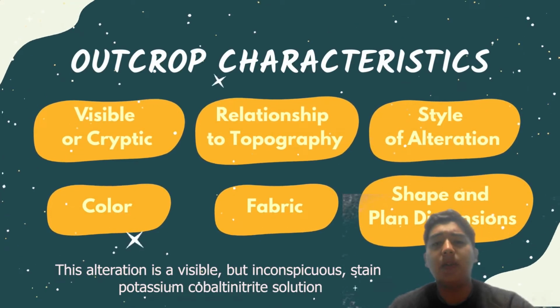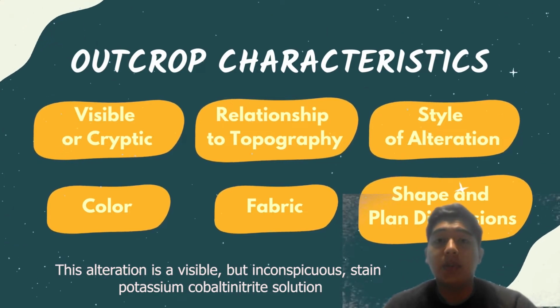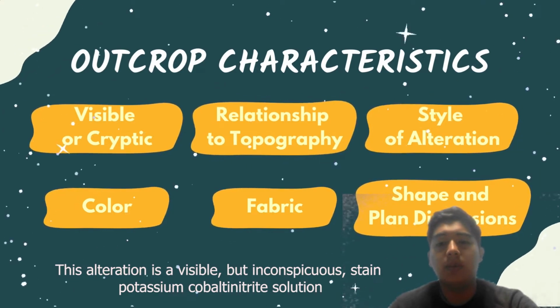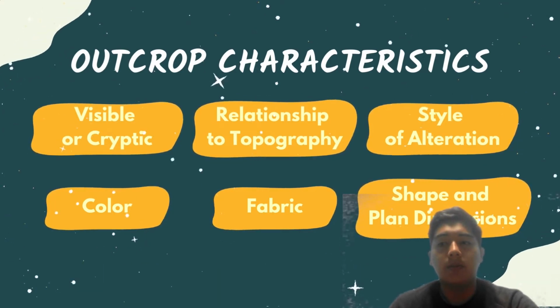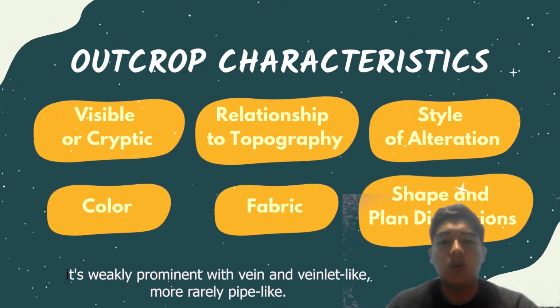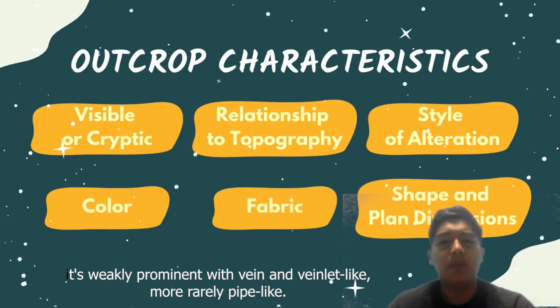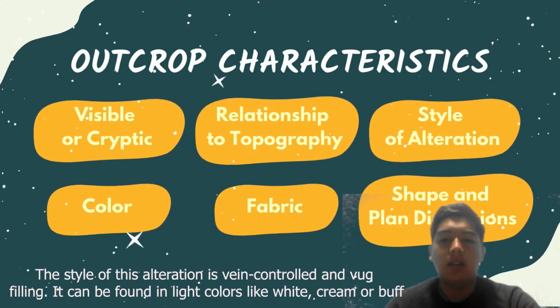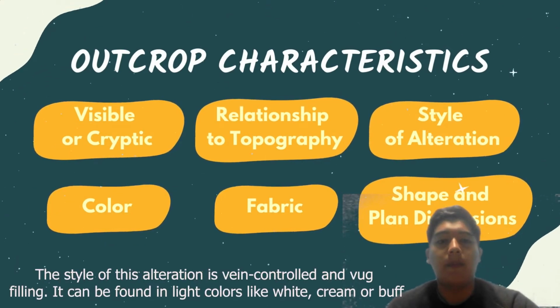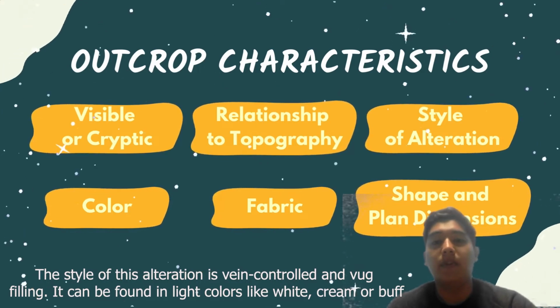This alteration is visible but inconspicuous, stained with sodium cobaltinitrite solutions. It's weakly prominent, vein and veinlet-like, more rarely pipe-like. The style of this alteration is vein-controlled and open-space filling.